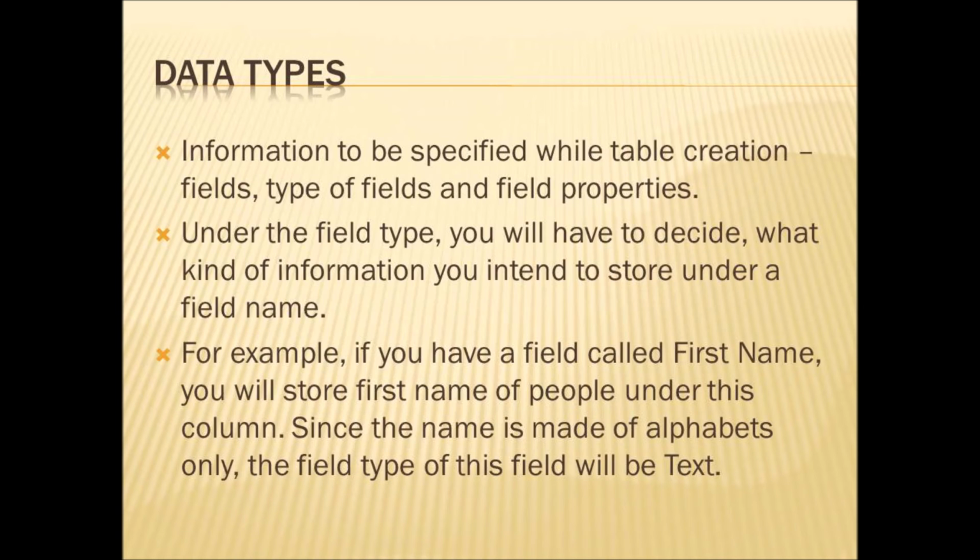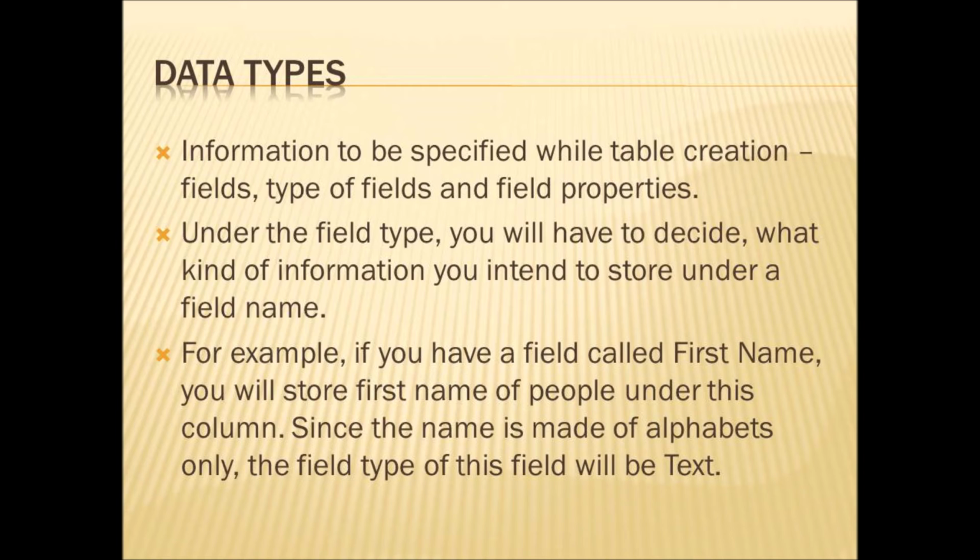Understood, children? While creating tables in the database, we will specify the type of data that is stored. This type of data will be specified based on the information it stores. This is called data type. While creating a table, fields, type of fields and field properties are to be specified as the information.